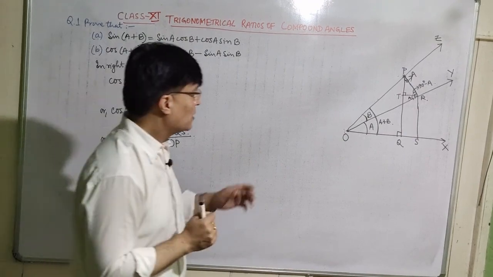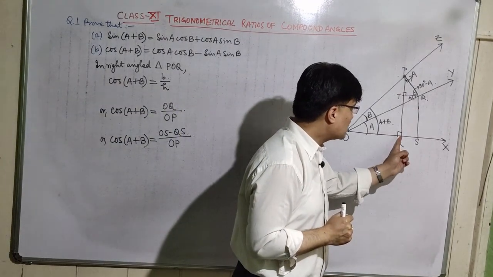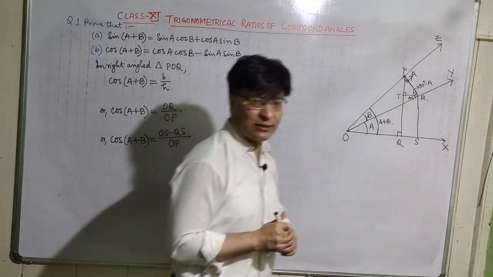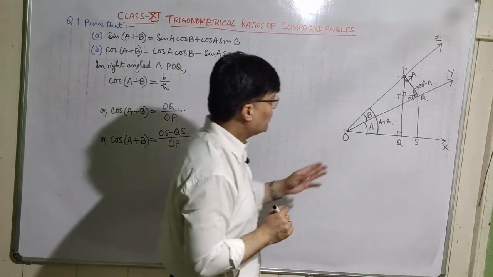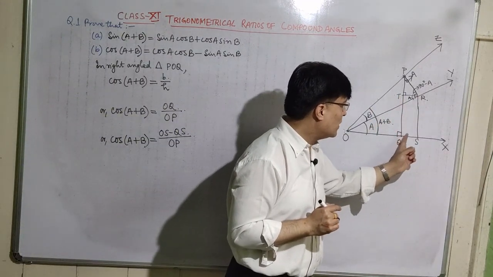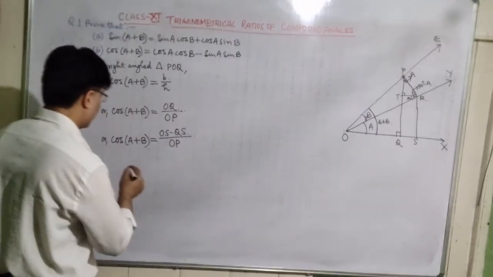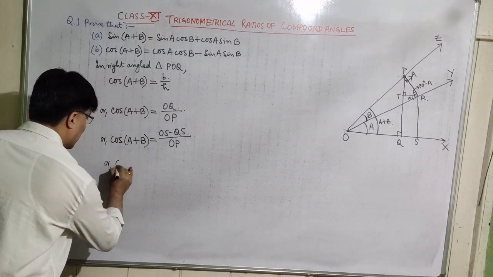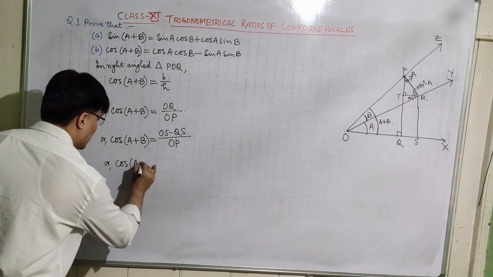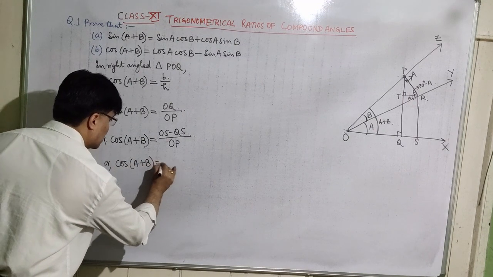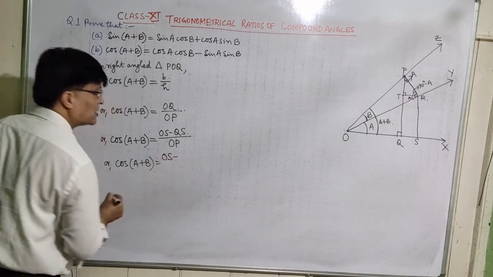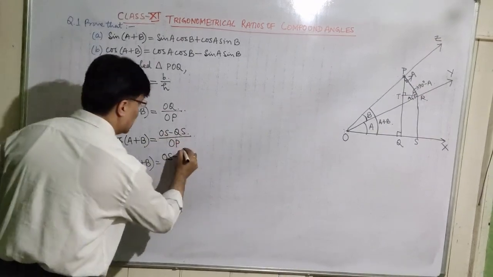Is that clear? Again, this QS is equal to TR, isn't it? From the figure it is known that QS is equal to TR. So here you can write cos of A plus B is equal to OS minus, what is QS? It is TR.